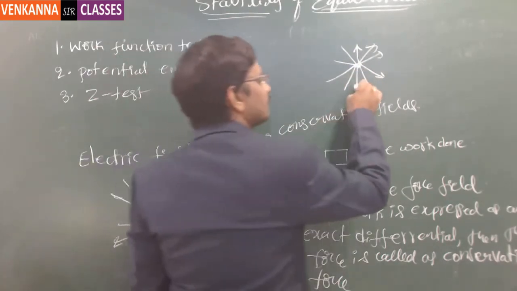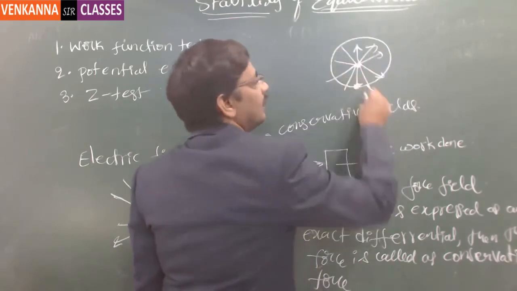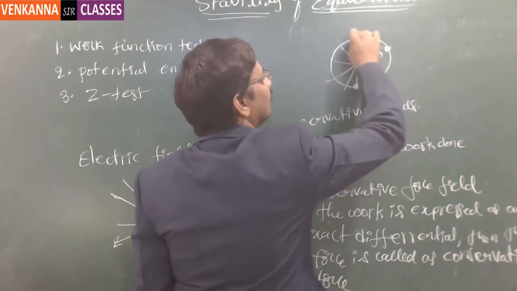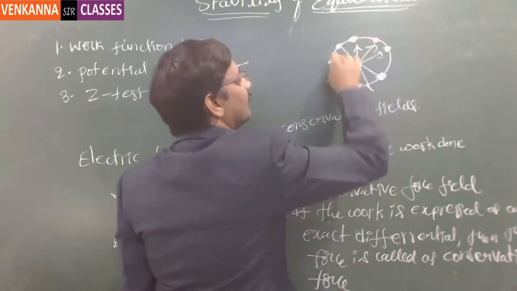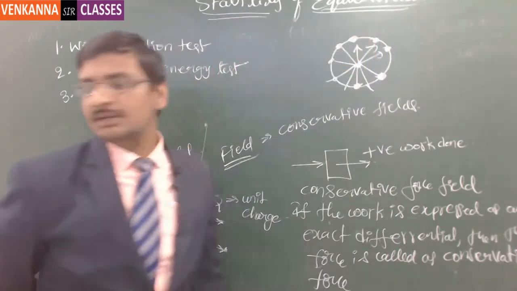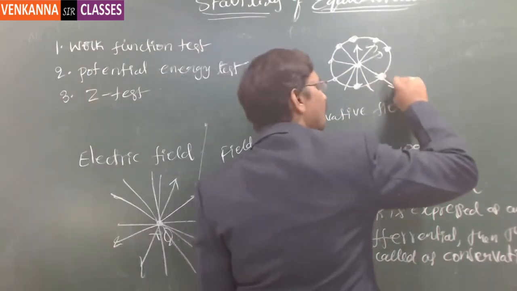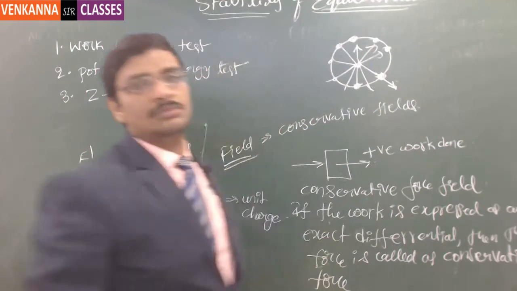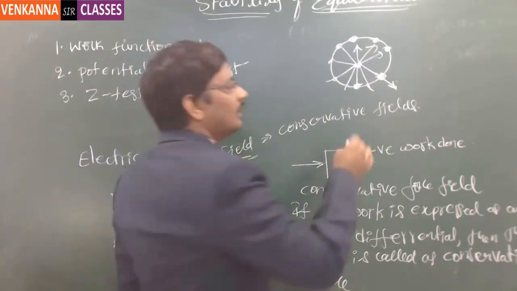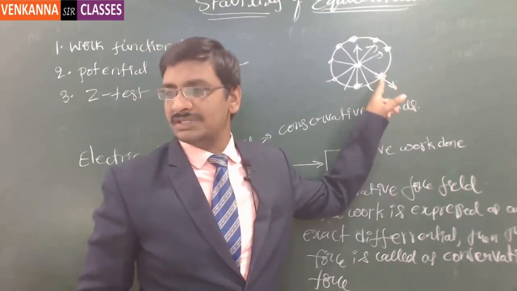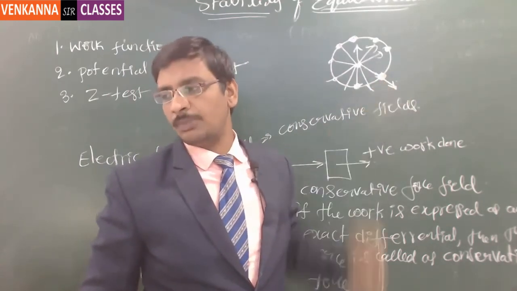Suppose I take a circle of the same radius, then everywhere I place this charged particle, it will be affected by the same magnitude of force, and it will always try to move away from there. Now the work done by moving a charged particle to this particular location is nothing but the potential energy at this particular point.